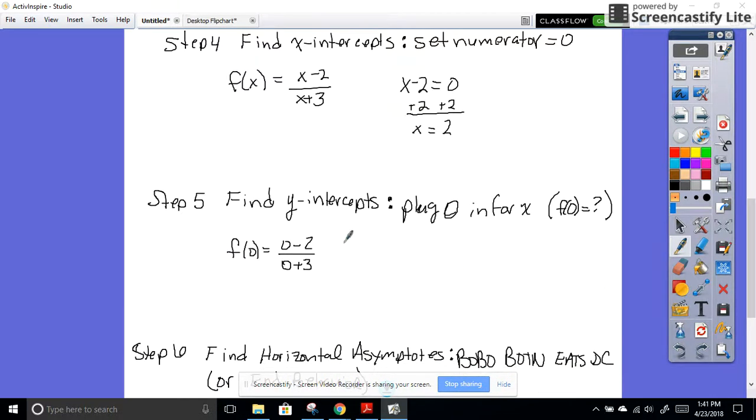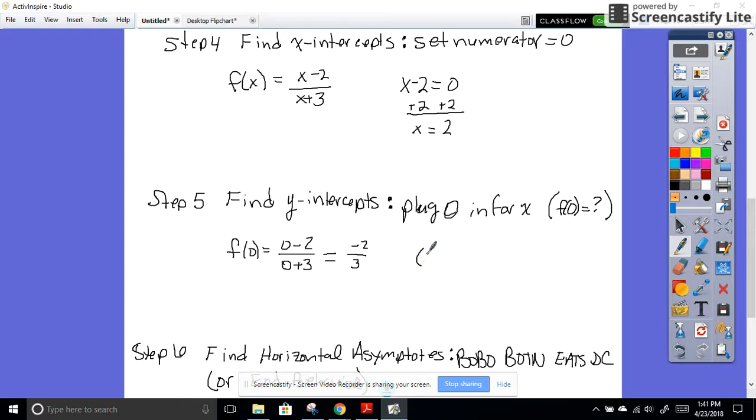Step number 5 is to find your y-intercepts. How do you find your y-intercepts? Plug 0 in for x. So I took the simplified equation and I plugged 0 in. That's going to tell me where I am on my y-axis. 0 minus 2 is -2. 0 plus 3 is 3.